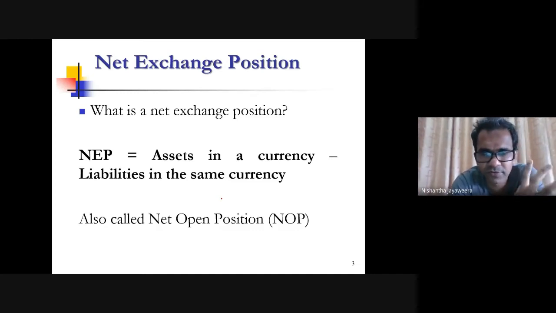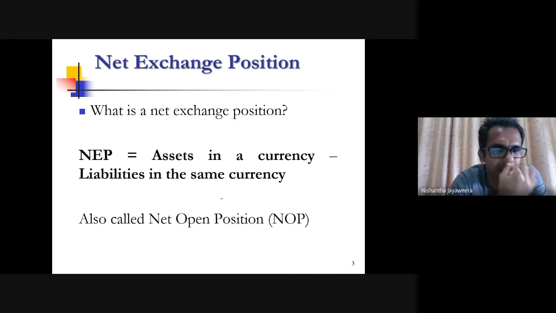What is the amount of liabilities in dollars? What is the difference? That difference is the net exchange position. We also call it the net open position. It's like the gap analysis we discussed, but this involves a currency.